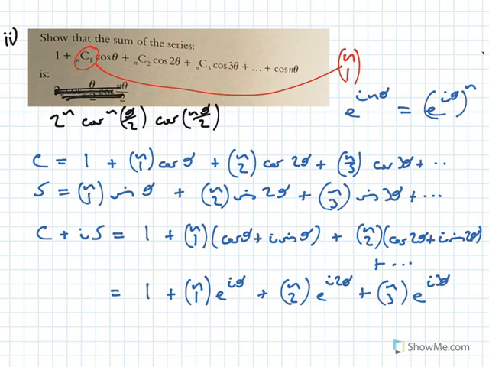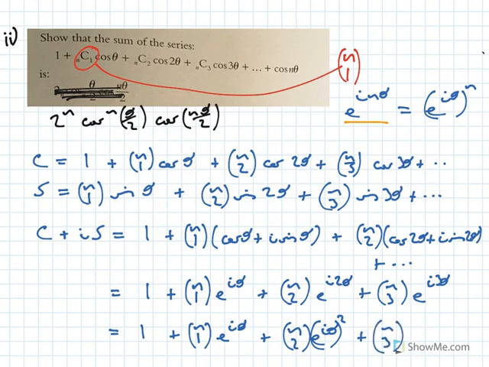And hopefully you can see from here that if we use De Moivre's theorem, we can convert those to 1 plus n choose 1 e to the i theta plus n choose 2 e to the i theta squared plus n choose 3 e to the i theta cubed. And these things keep going.